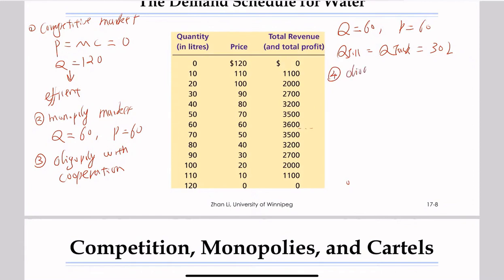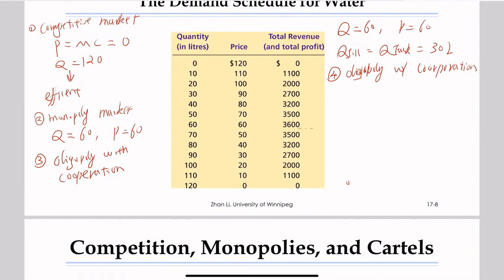Oligopoly without cooperation. Now think about this. Let's say now Jack and Jill are actually producing 30 liters, will Jack or Jill want to deviate? Will Jack and Jill have the incentive to break their contract, right?